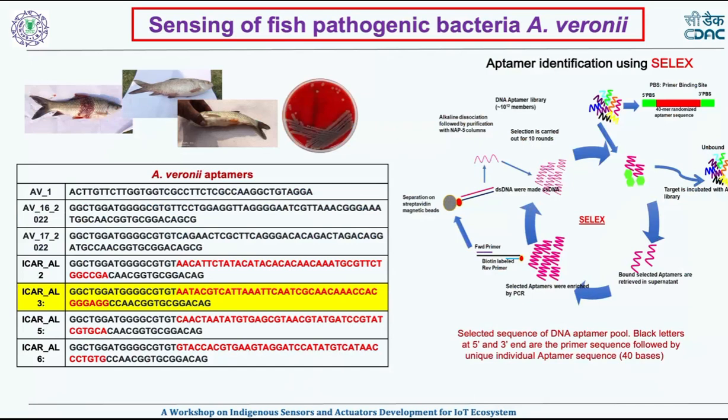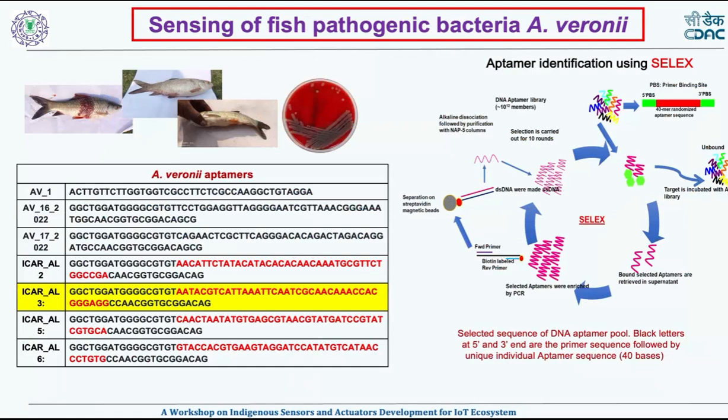These bacteria cause a lot of diseases in fishes, such as Aeromonas veronii and Aeromonas hydrophila. A number of bacteria are present in fisheries and they are causing havoc. They can even cause 100% loss in an aquaculture field. There was a challenge to detect these bacteria. They can be detected through normal biotechnical tools like PCR, but it is a lengthy process.